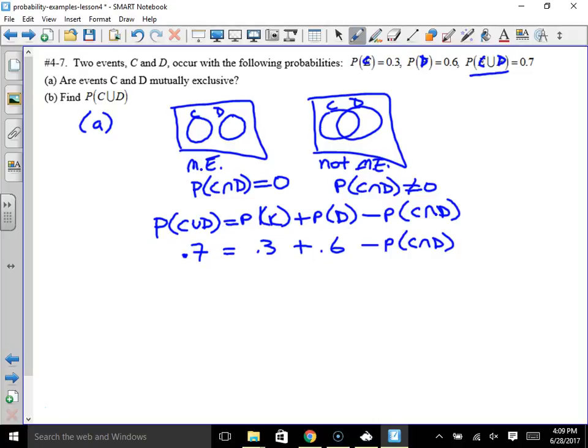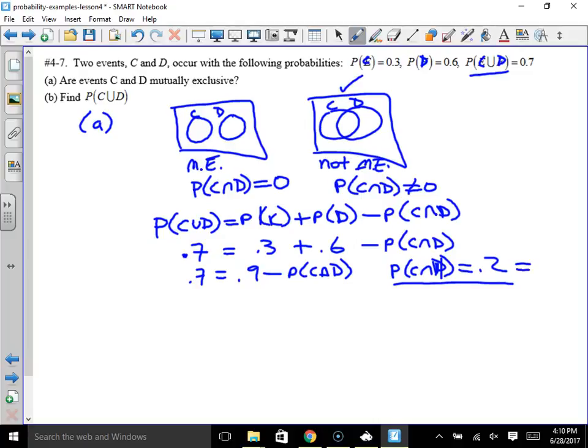If I solve this algebraically, 0.7 equals 0.9 minus the probability of C and D, we can see that the probability of C and D actually can't be 0. It would have to be 0.2, because it'd have to be 0.9 minus 0.2 to get 0.7. So that means there is an overlap, and since this is not equal to 0, these are not mutually exclusive.